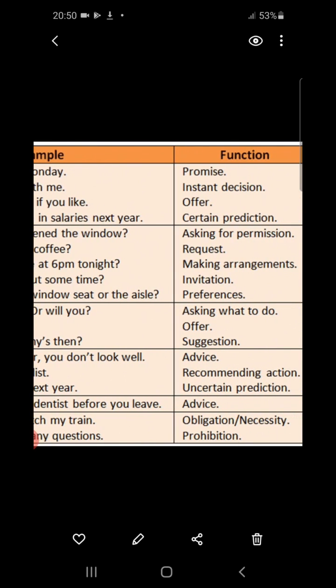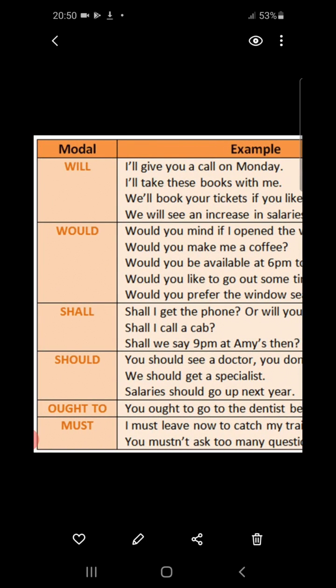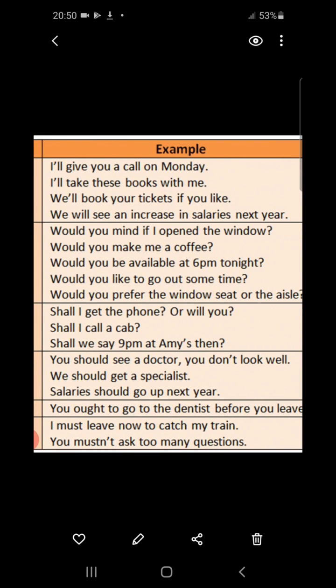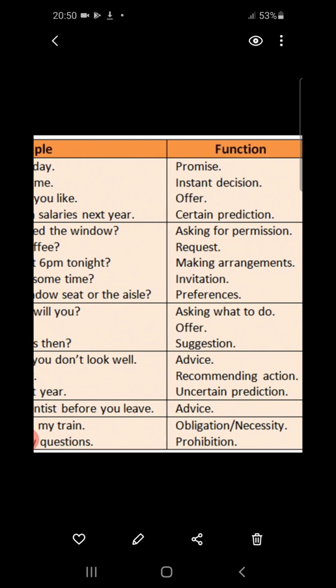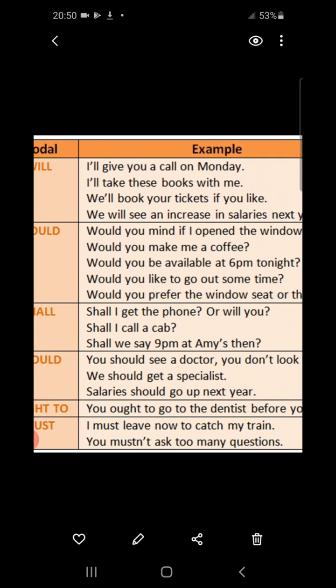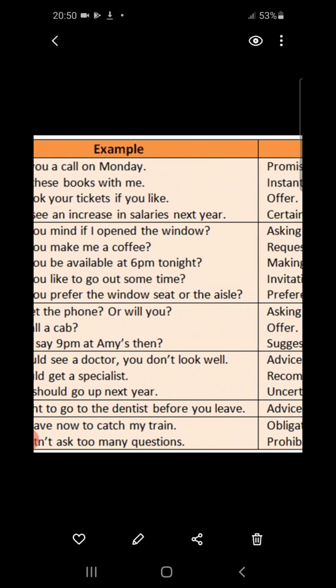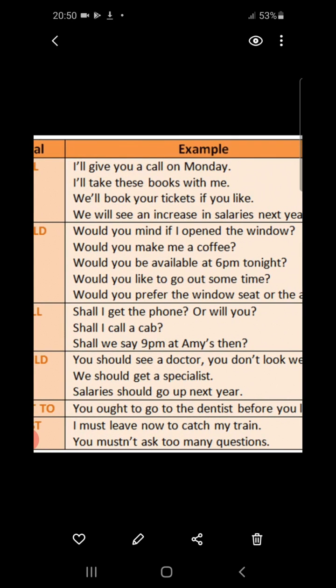So basically, this is for making arrangements. Next one. Would you like to go out sometime? This is an invitation. Next, would you prefer the window seat or the aisle? Preference. So, what would you prefer to have?